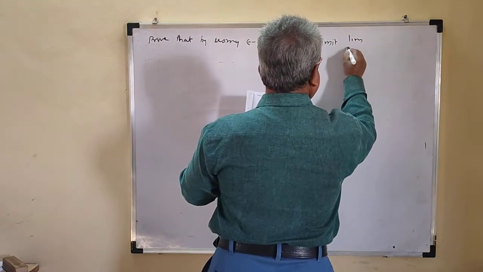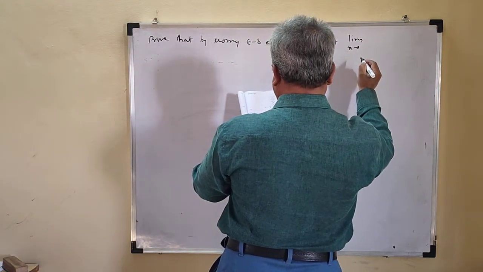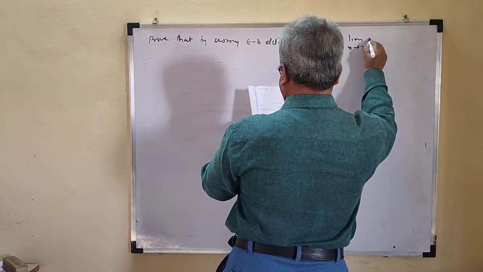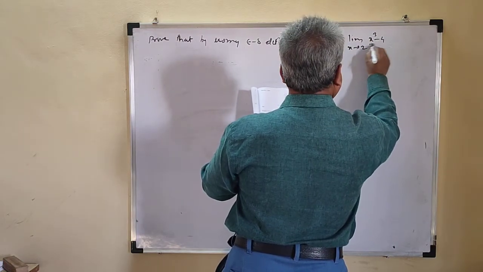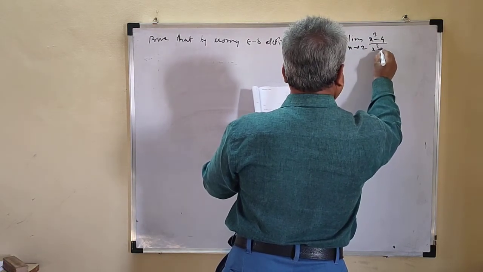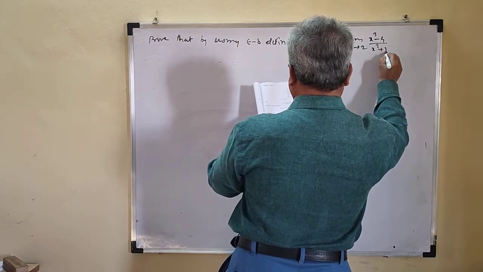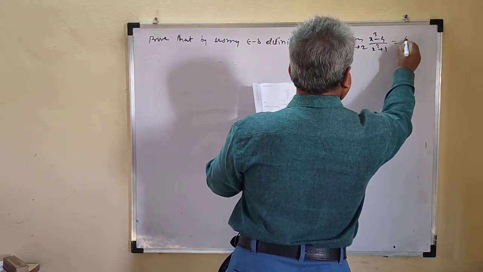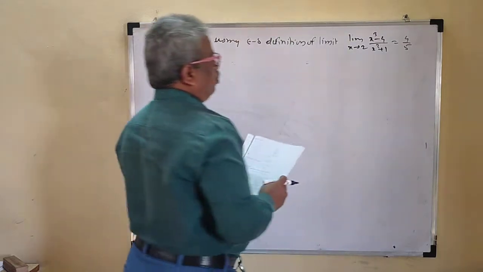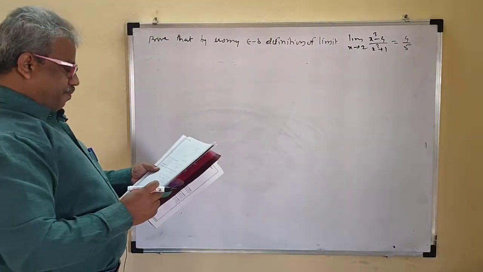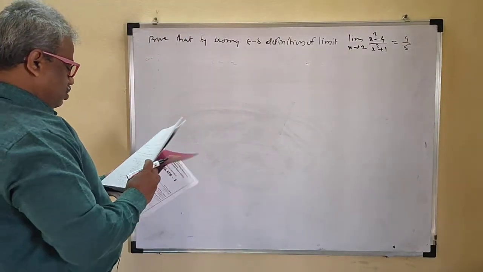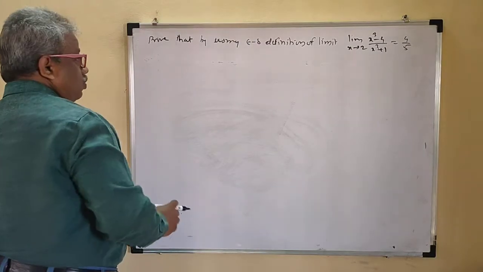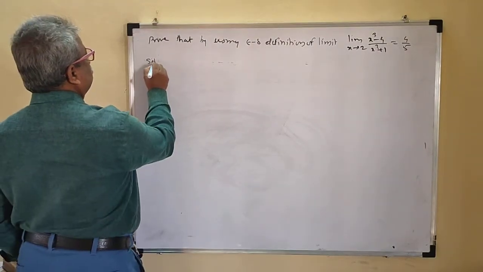Limit x tends to 2, x cube minus 4 upon x square plus 1 is equal to 4 by 5. Okay, solution.